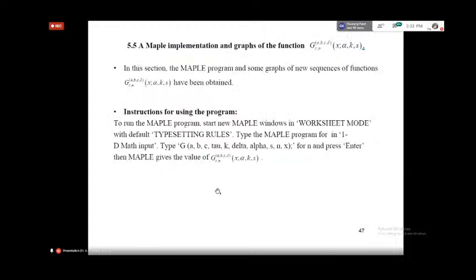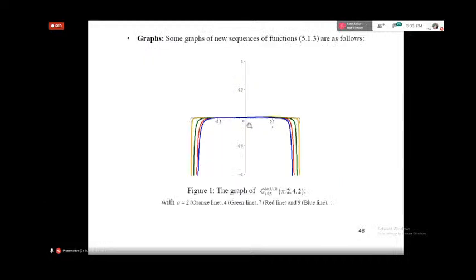And here, when we got some of this type of function, in this paper we implemented the Maple software, and basically these are different types of polynomials, different types of graphs. Very interesting graphs if you see, and this is your coding, and the graph is this.